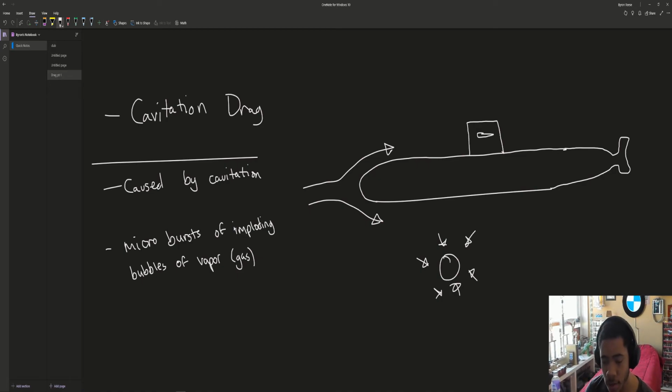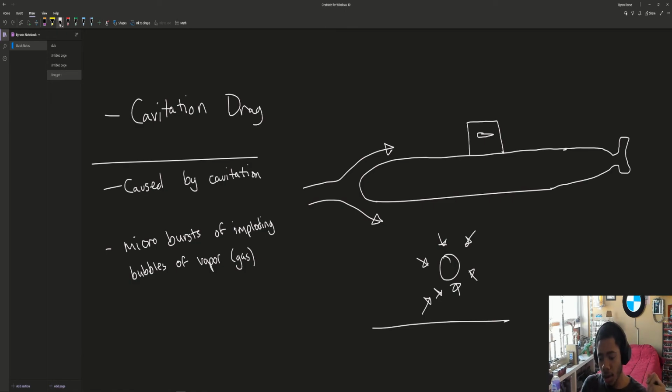And what we find is that this bubble creates suction as it wants to go into the very low pressure region of the gas. And so imagine if you have your body and it's trying to get sucked in to these bubbles, and thousands of these bubbles are being created at the same time very quickly, and they form and implode in instants.